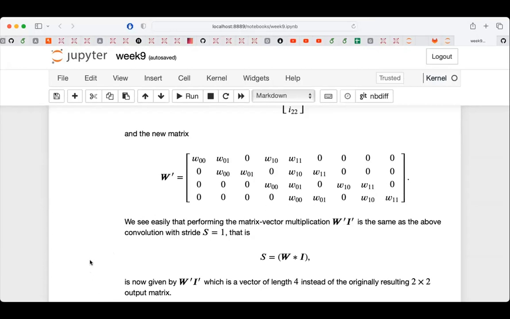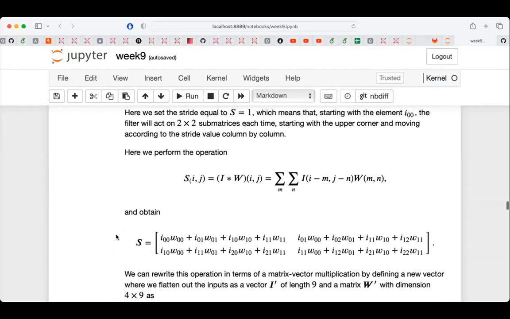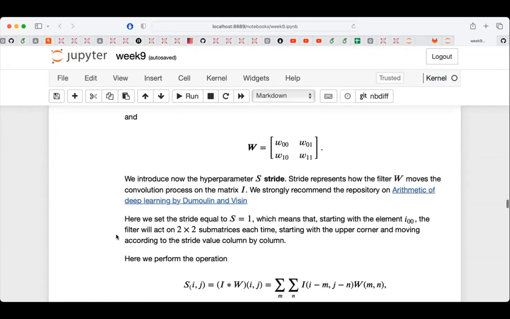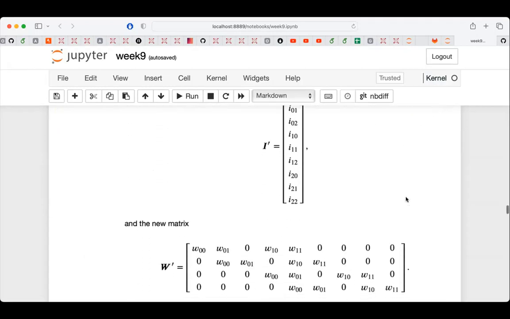So in the slides, you will find more information about the different parameters, but I actually recommend to take a look at the paper by Dumoulin and Visin on arithmetic of deep learning, where they actually go through many of the basic steps of convolution here.